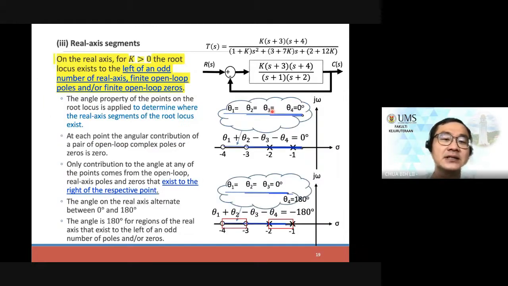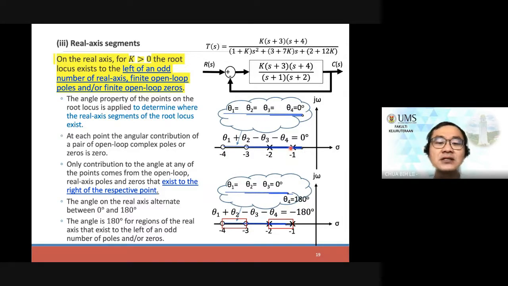Then the real axis segment is referring to the real axis, where when we do the testing, we realize that the root locus will always occur from the start point, regardless of whether it is a zero or a pole itself. It will start from this point and then move to the next one, right? Any points before that, the root locus will never exist. So we can segment it along the real axis.